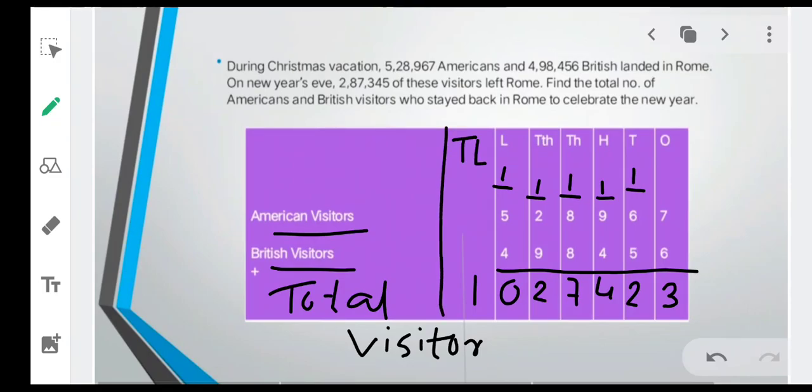Students, now we have got how many total visitors landed in Rome.